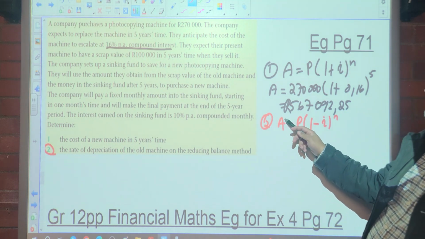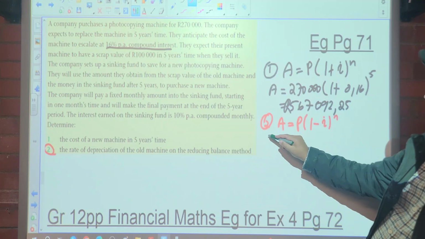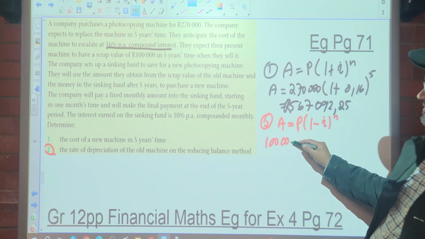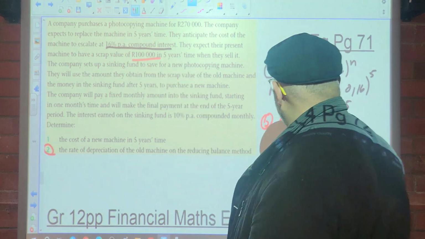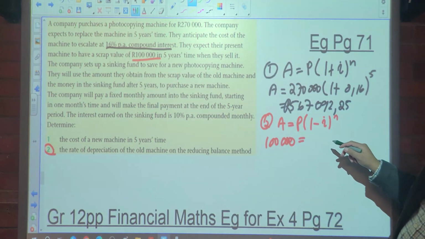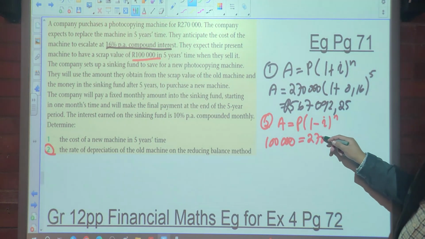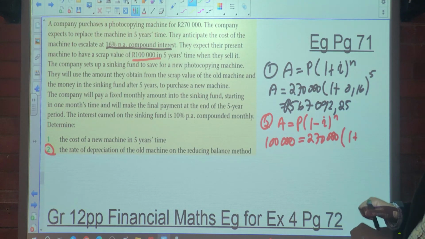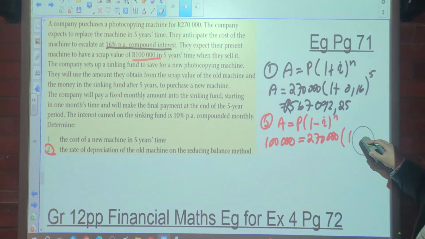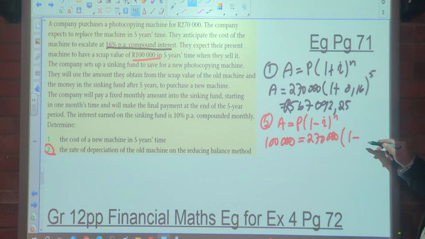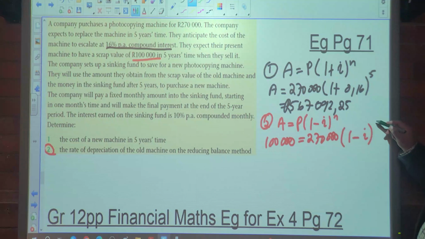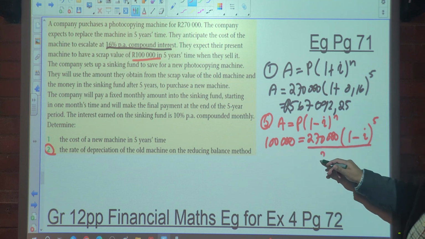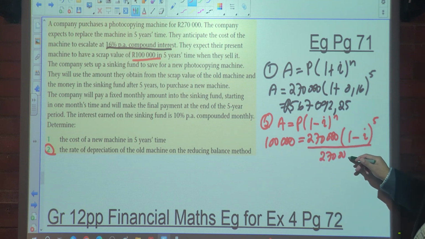We know that the machine is going to be worth how much in 5 years' time? 100,000. That I got from here. The starting value is 270,000 Rand into 1 minus I, which is what we're calculating, to the exponent 5. So in order to calculate I, we divide 270,000 both sides.